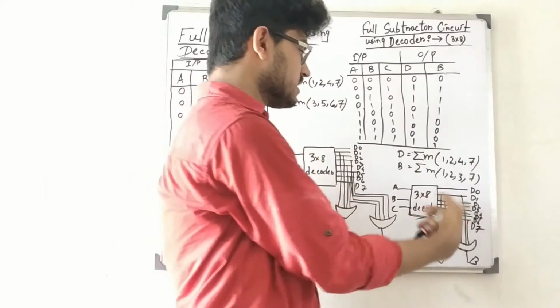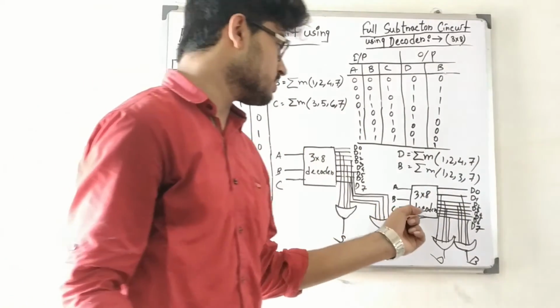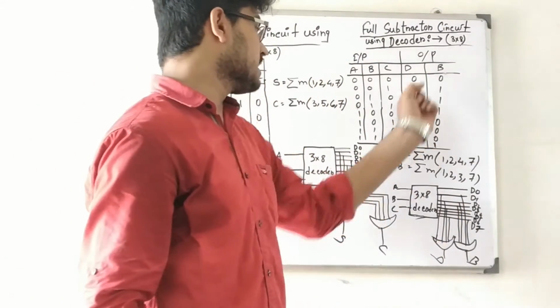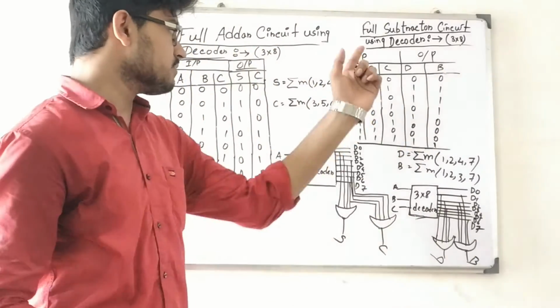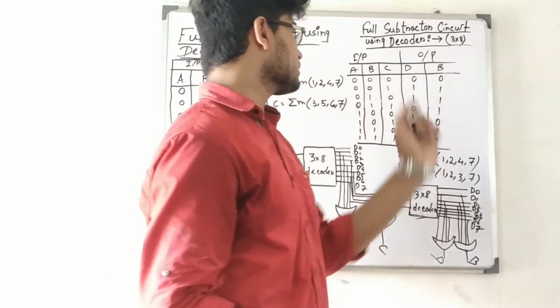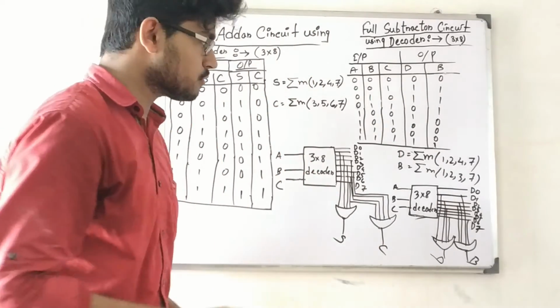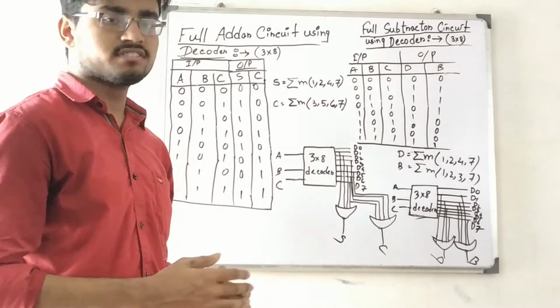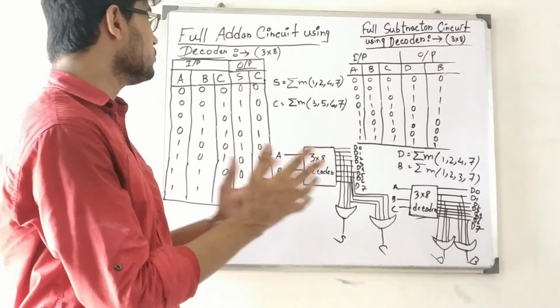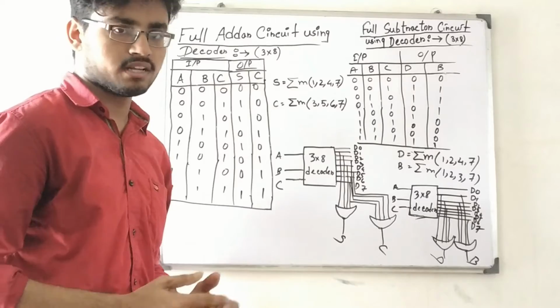So you can clearly see that if you give 0, 0, 1 input to this decoder, you get difference equal to 1 and borrow equal to 1. Similarly, if we give all the inputs to this decoder circuit, we will get the same outputs as for the full subtractor circuit. So these are the full adder and full subtractor circuits using the 3x8 decoder circuit.